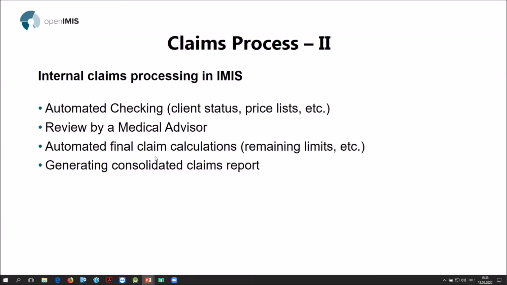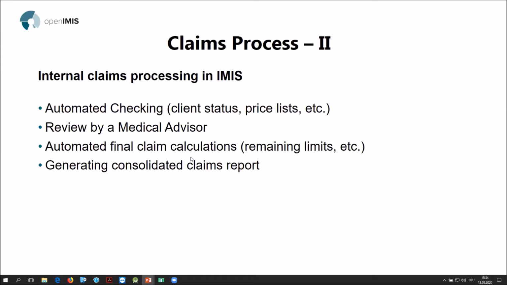Then there are so-called manual checks, which are then reviewed by a medical advisor. So on the insurance side, there is one or multiple people who are responsible for scrutinizing these claims, manually looking at them one by one. So that's also part of the processing. And then there's of course the final claim calculations which happen.